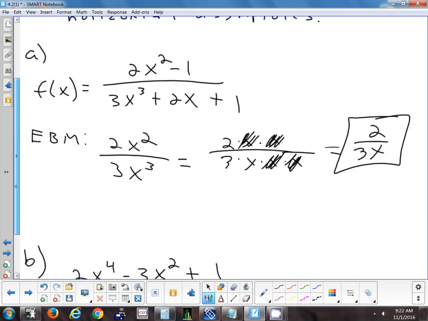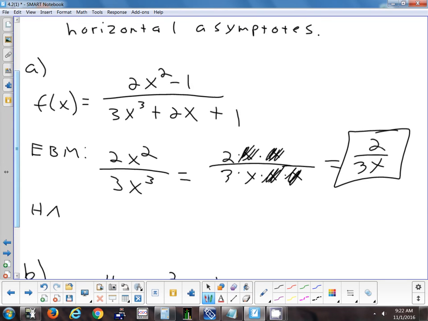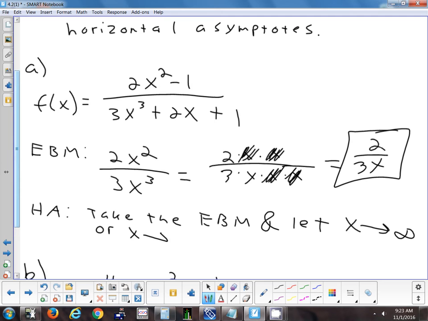All right, now to find the horizontal asymptote. The first time I'll write how to do it, and then after that, you just have to remember how to do it. Take the end behavior model and let x approach infinity, and tell me what happens to the EBM. So let x approach infinity, or let x approach negative infinity.